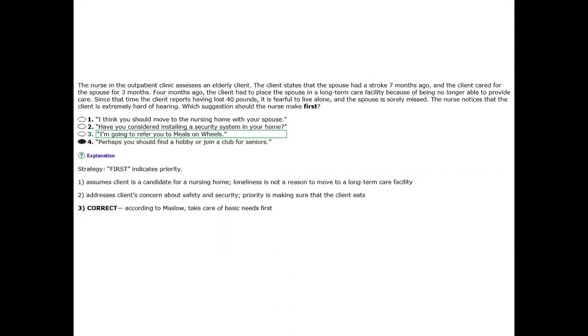So because of Maslow's hierarchy of needs, the physiological needs come before the psychological needs. So I'm going to refer you to meals, right? Food.